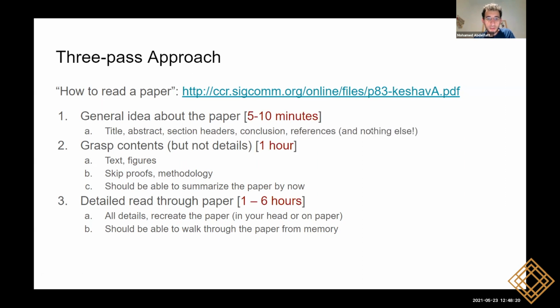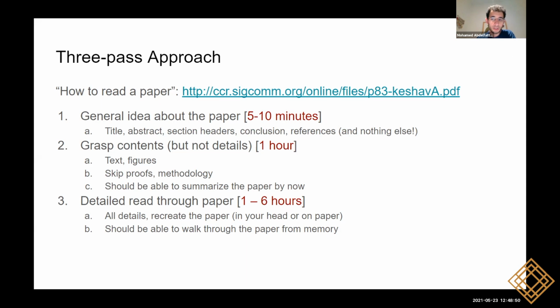So at this point, I should mention that stage 1 is kind of a 5 to 10 minute thing, so it should be really fast. Stage 2, which is most papers you read, should take about 1 hour. Maybe if it's a longer paper, I would say 1 hour for an 8-page paper. If it's longer, maybe a bit more, but basically just to read the text and go through the figures.